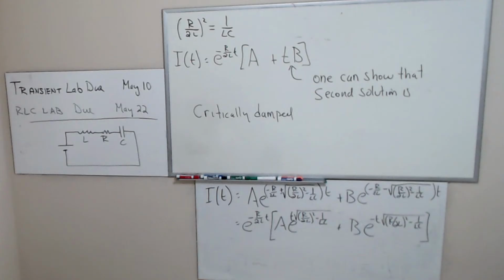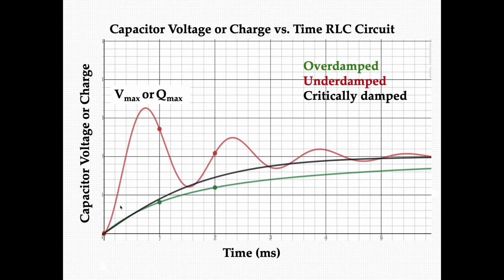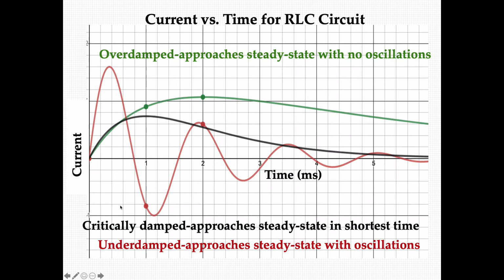I think on the previous slide where you have the overdamped and the critically damped and the other oscillation, the graph that you drew on the board for overdamped is actually for critically damped. Yeah, well, it depends on the values of R, L, and C you use, right?